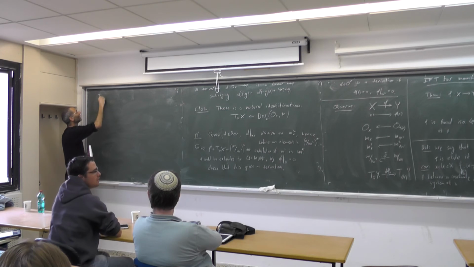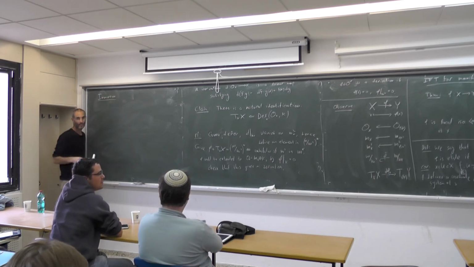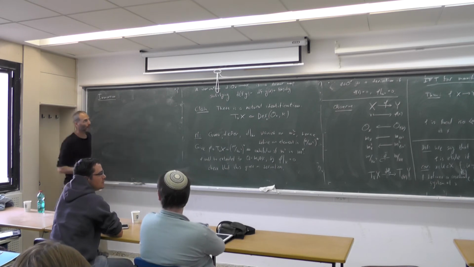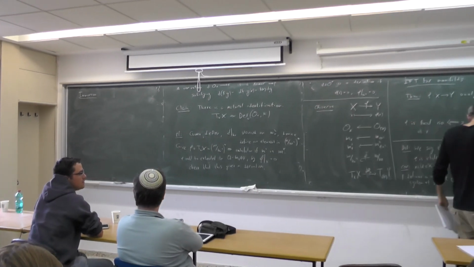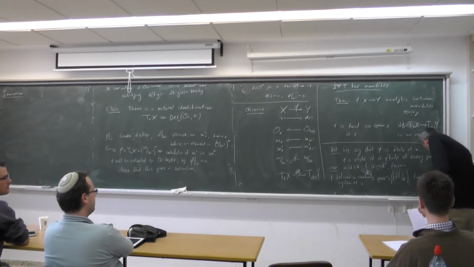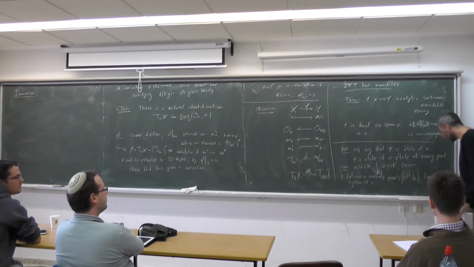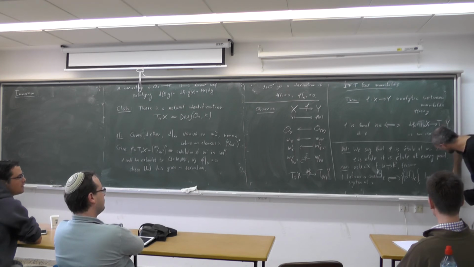Okay. So, d f_i at x, where does it live? If f_i is a map actually to K, then df_i is a map from the tangent space.